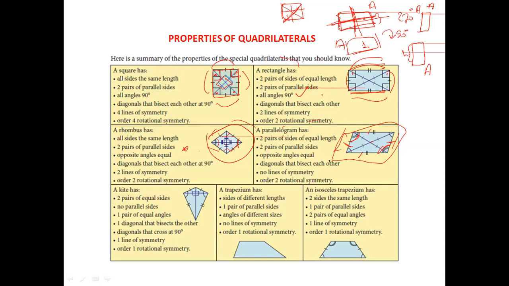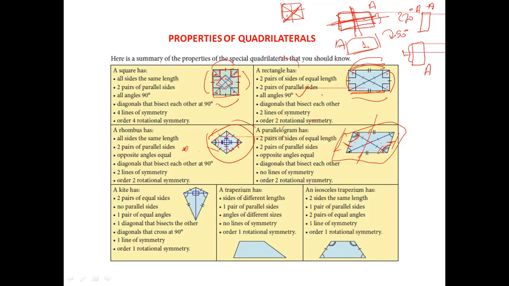And order 2 rotational symmetry. It hasn't got symmetry lines. If you want to divide it with a horizontal or vertical line, this part and this part are not equal. When you fold it, you cannot get the same shape; their sizes are not equal to each other.